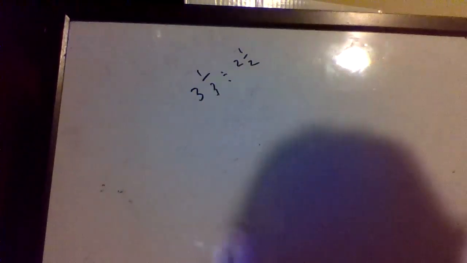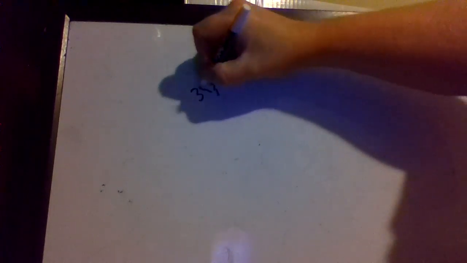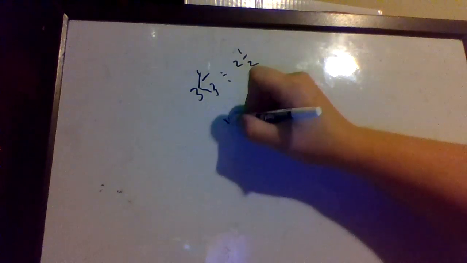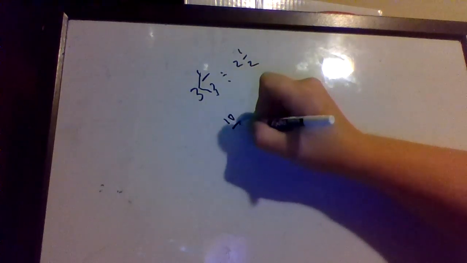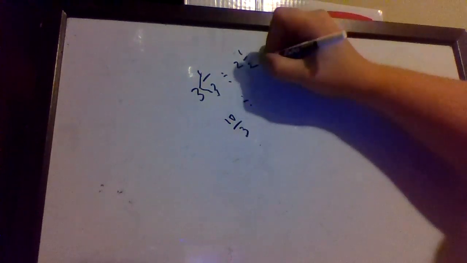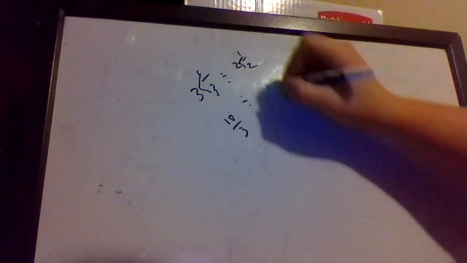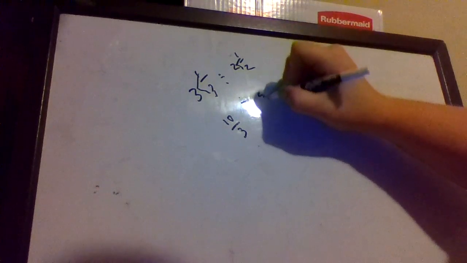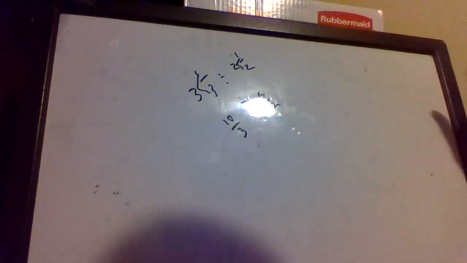Man, that light is crazy on the board. Okay, so first we're going to convert them. 3 times 3 is 9, plus 1 is 10. 10 over 3 divided by 2 times 2 is 4, plus 1 is 5. 5 over 2. Now, please don't skip steps.